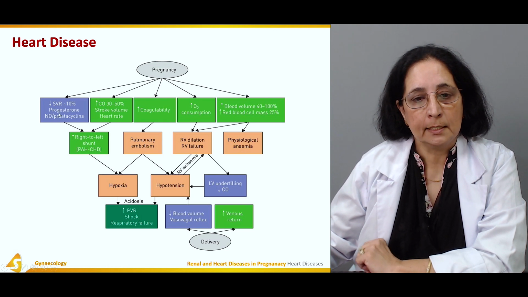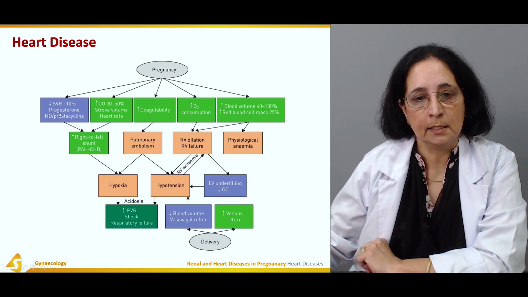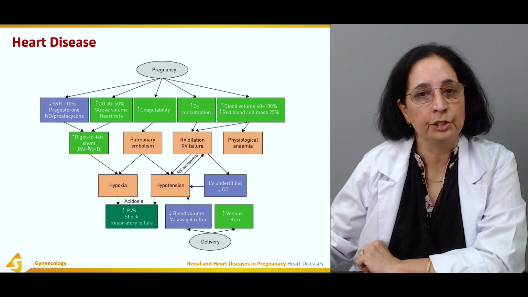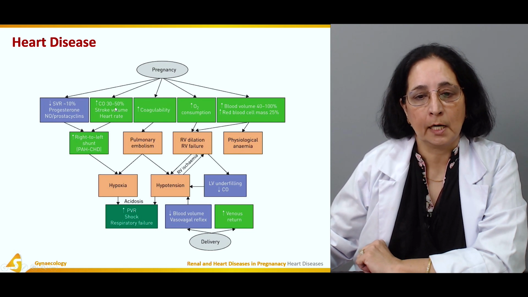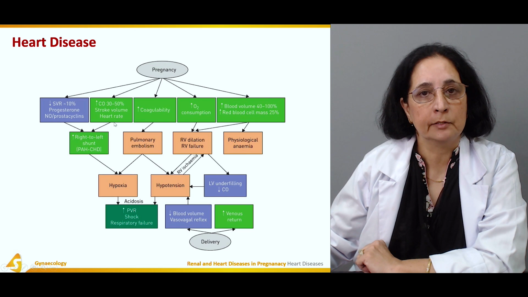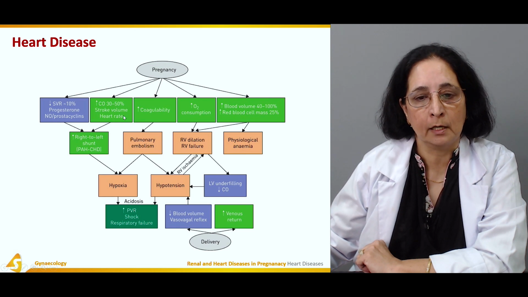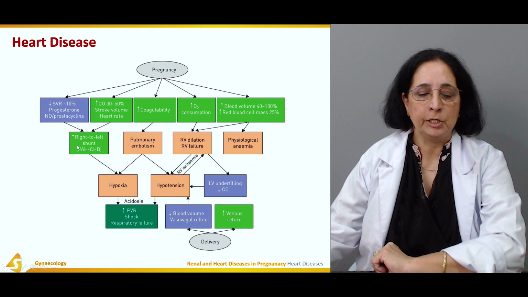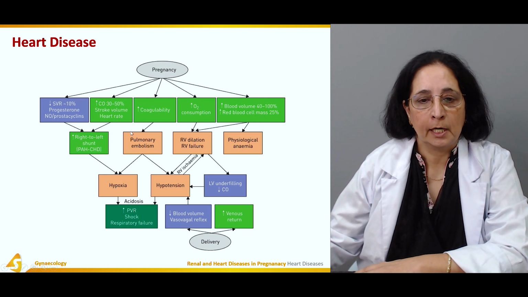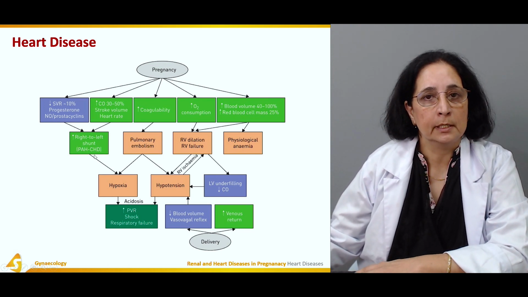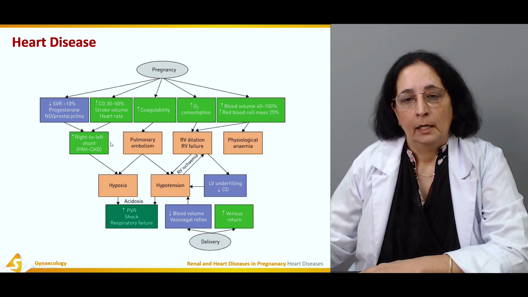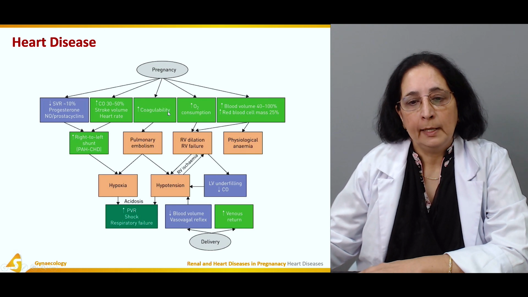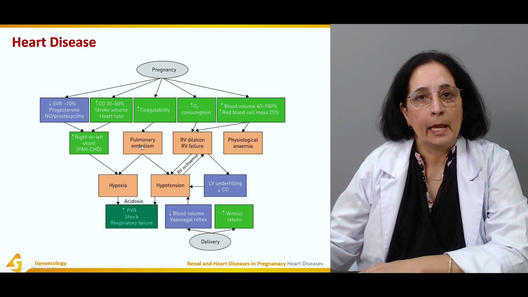Decreased systemic vascular resistance by 10% causes increased right to left shunt. Increased cardiac output by 30 to 50%, stroke volume and heart rate also lead to right to left shunt, and this can lead to congestive heart disease. Then increased coagulability causes pulmonary embolism.